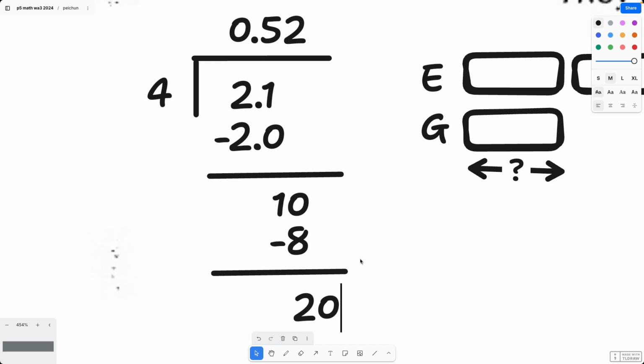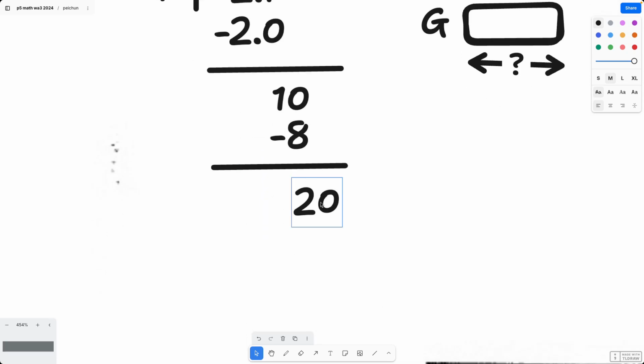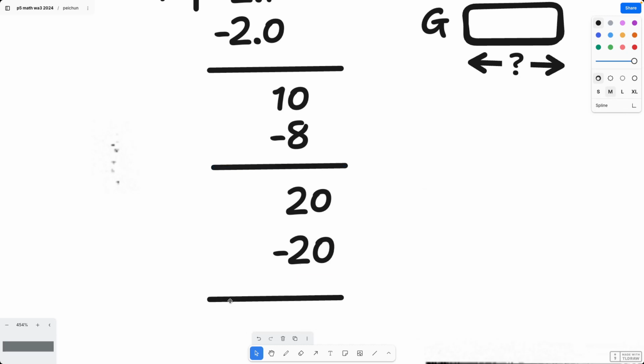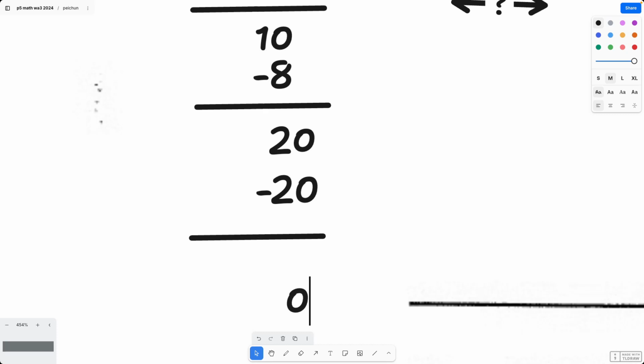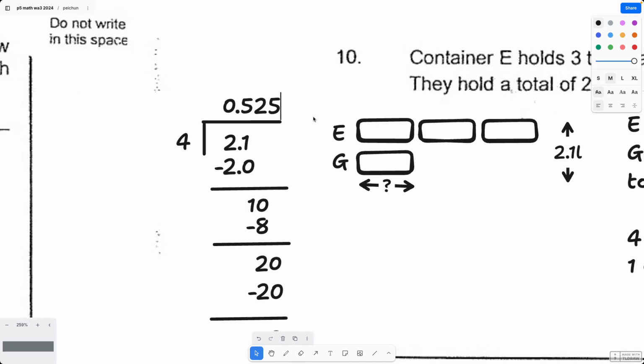So 20. Then we can minus 20 as well. That means this will give us 0.